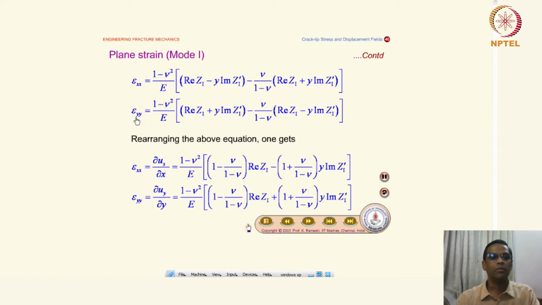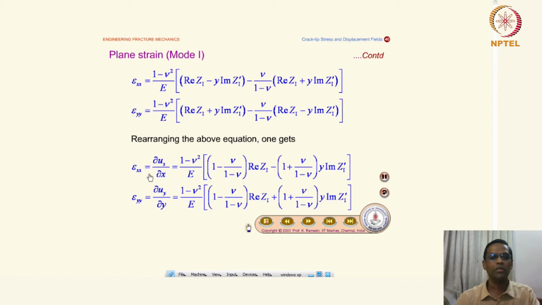For epsilon yy also, it is a similar expression except this sign change. These two places, rest all the expression is same, and then you can rearrange this above equation, group them for the similar terms.